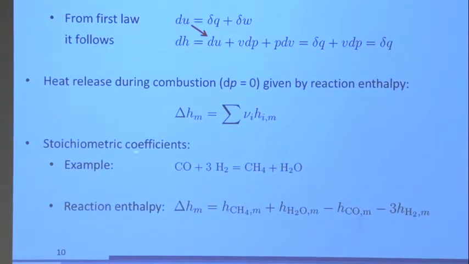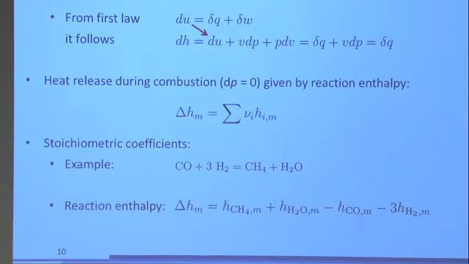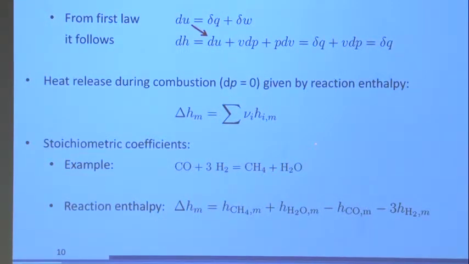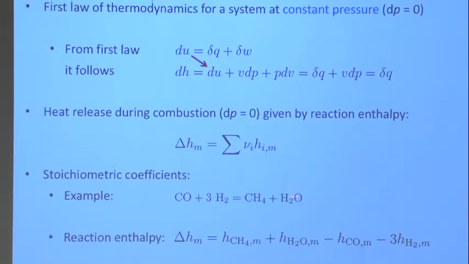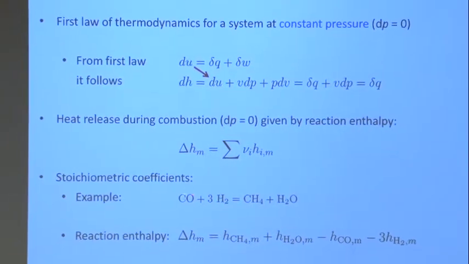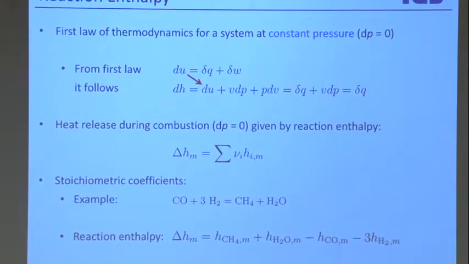So for example, I have a reaction here, CO plus 3H2 goes to methane plus H2O. Say I have a reaction like this. I execute this, I measure how much CO and hydrogen I used, and then I measure the Q. Q is equal to delta H, and delta H is just the enthalpy of the products minus the enthalpy of the reactants.